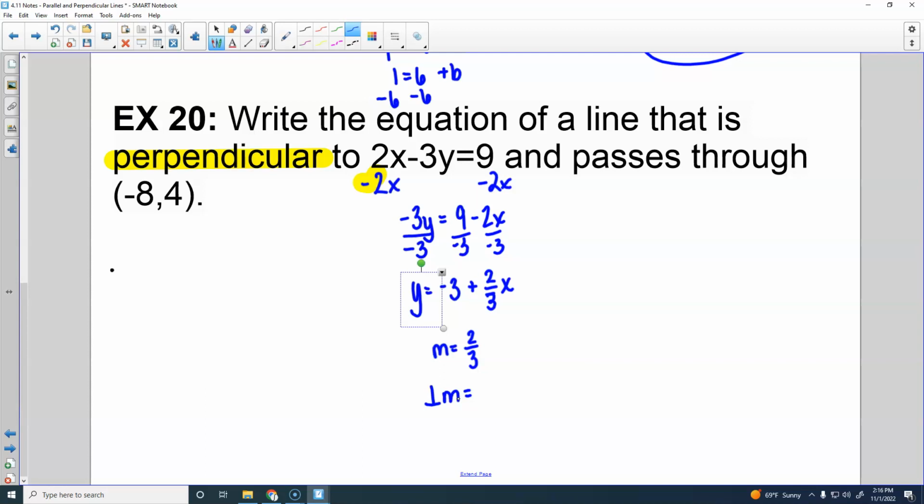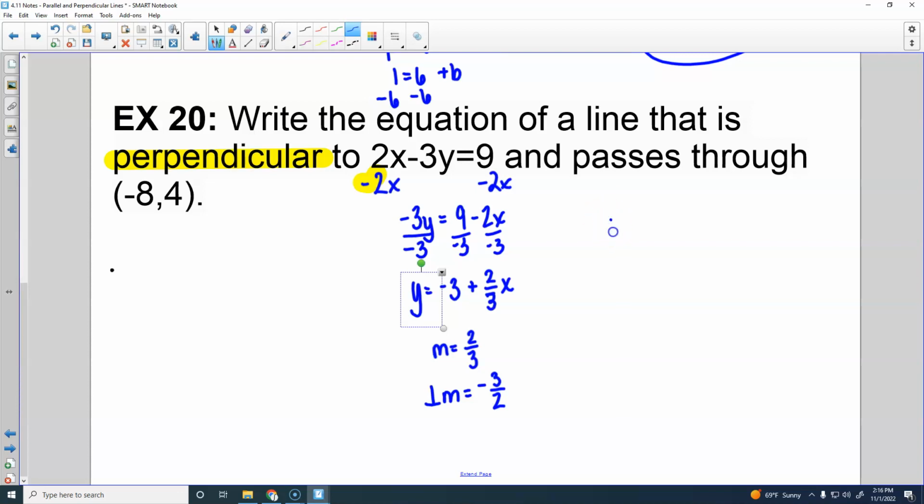What have you got to do to find that perpendicular slope? You gotta switch it, so I think it's negative 3 halves x. Don't include the x, but if I'm just asking for the slope. So negative 3 over 2 is going to be our perpendicular slope. We're going to flip the fraction and change the sign.